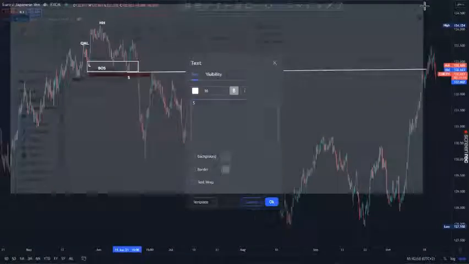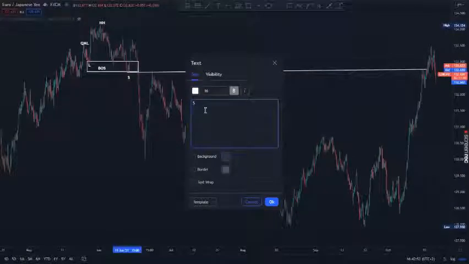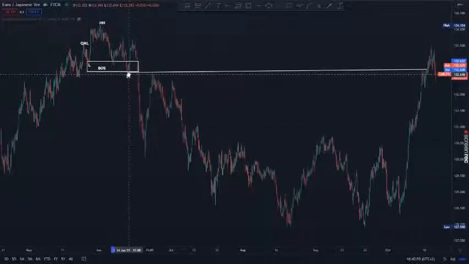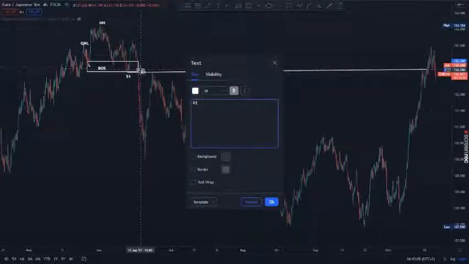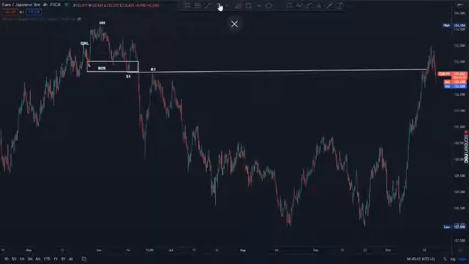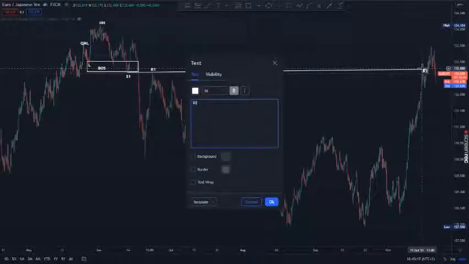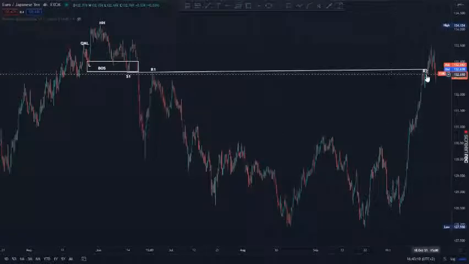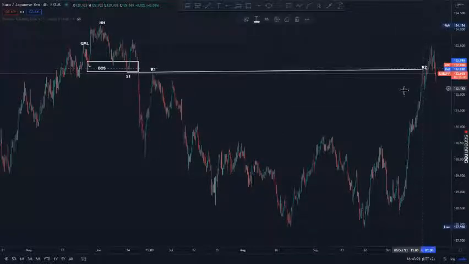So I had my S1 right there, and there was a resistance here, R1, and then I had an R2 right there.